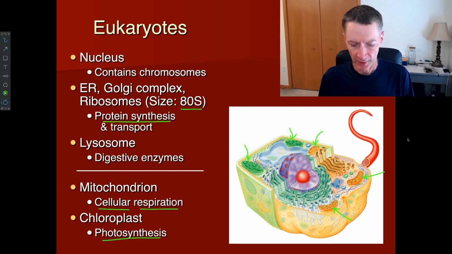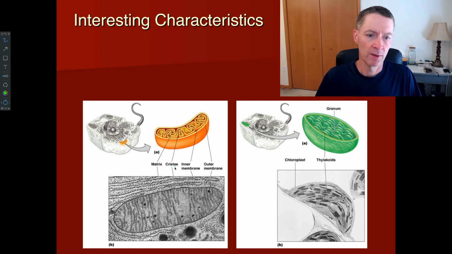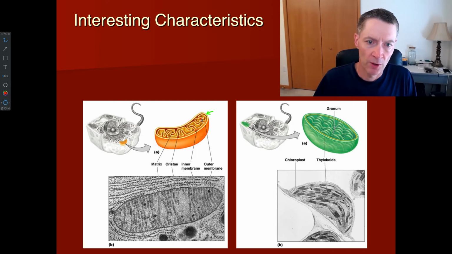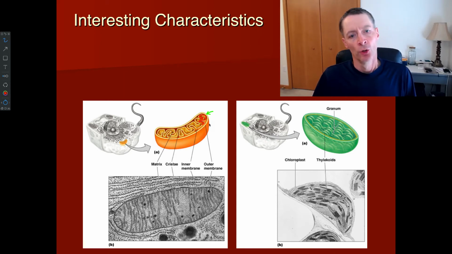But when we look at the mitochondria here on the left, or the chloroplast here on the right, we actually see double membranes. Like here with the mitochondria, we have a membrane on the outside, and then I'll just trace it in red here. So what I'm tracing in red is a membrane that is an inner membrane for this mitochondrion, okay? And we also see a similar situation with chloroplasts.